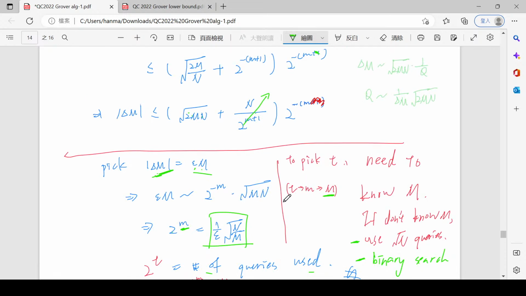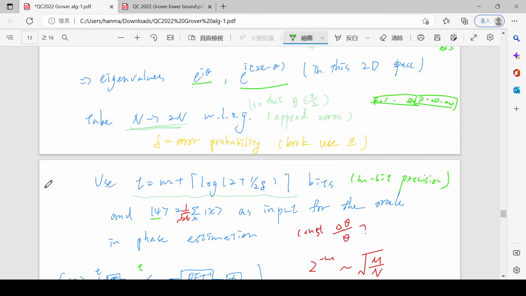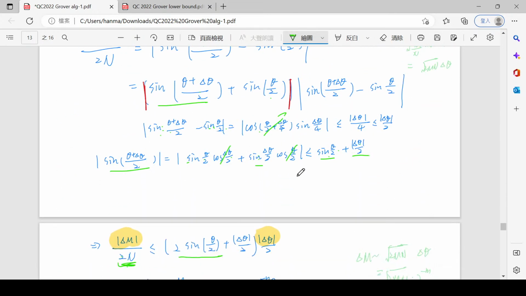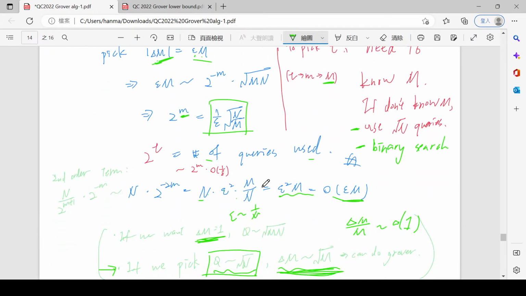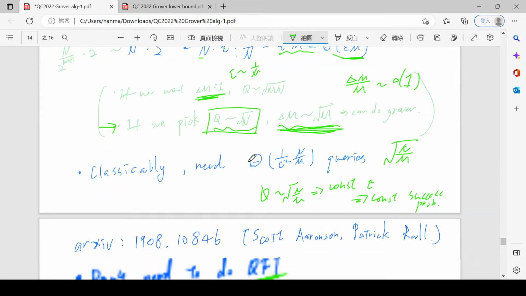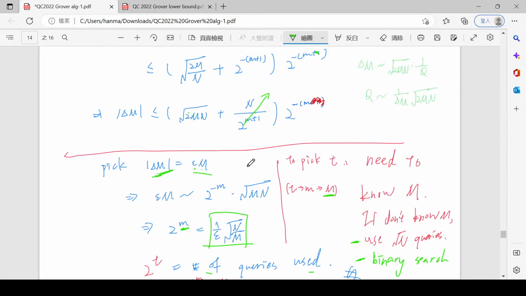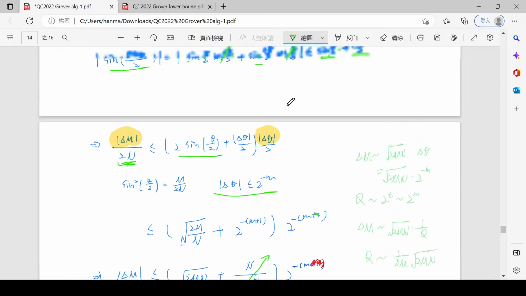But you don't know m to begin with, so things are tricky, right? You can presumably do this with some binary search again, but we'll say later that there are better things to do.